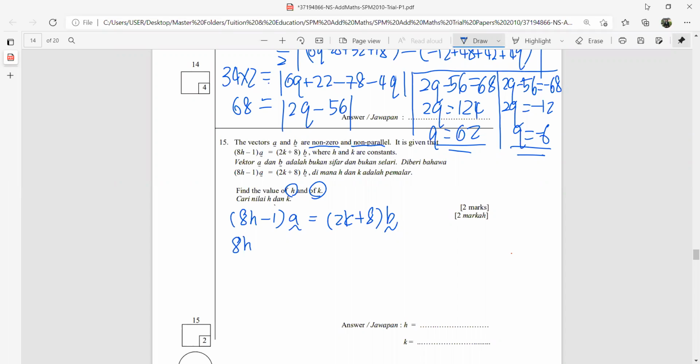AH minus 1. Oh, this one I saw your friend just now make the equation AH minus 1 equals 0. Very good. You have to know. Then 2K plus 8 equals to 0. So get the answer.